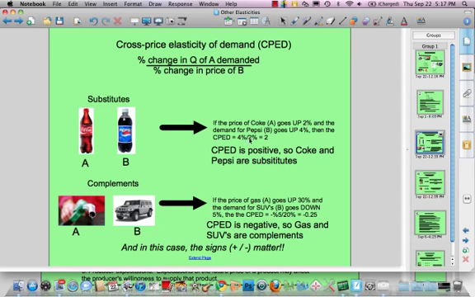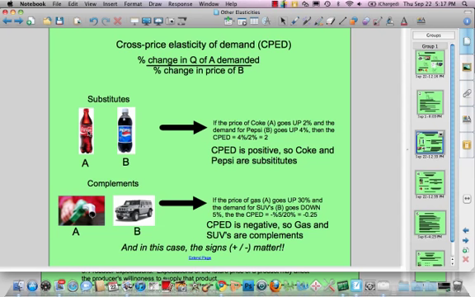So 4% divided by 2% equals 2. Because the cross-price elasticity of demand is positive, Coke and Pepsi are substitute products. There's the definition, substitute products when the cross-price elasticity of demand is positive. And it stands to reason that if these are relative substitutes, the price goes up in one, the demand for that is going to go down.